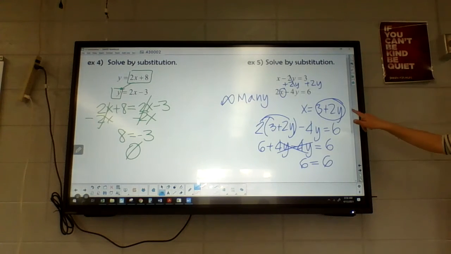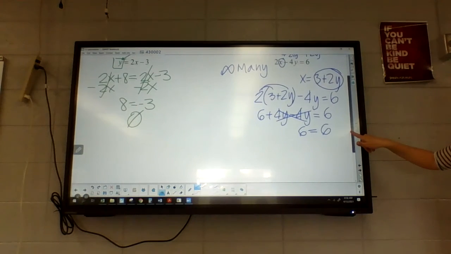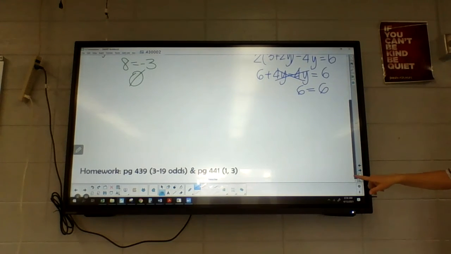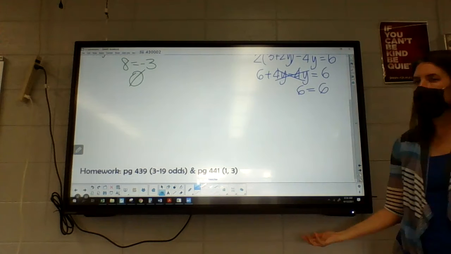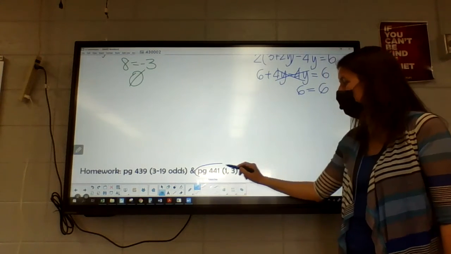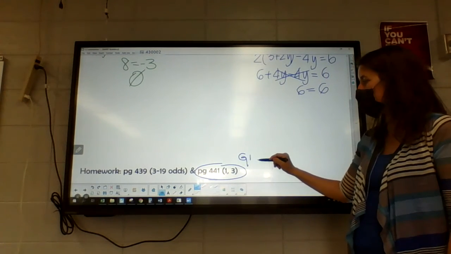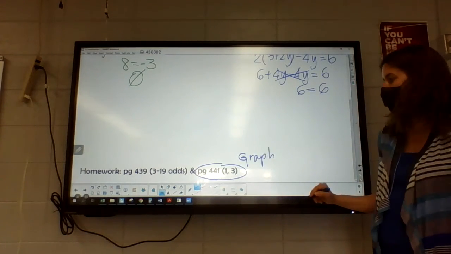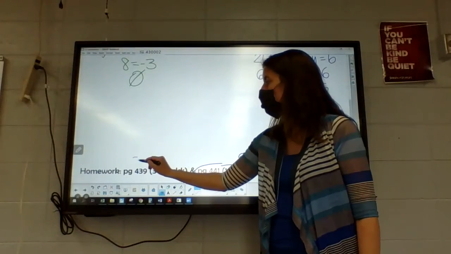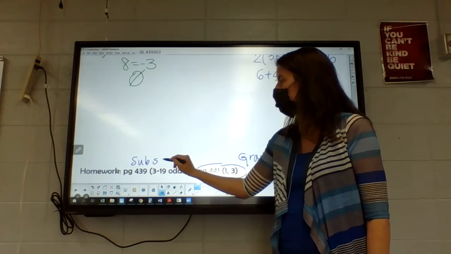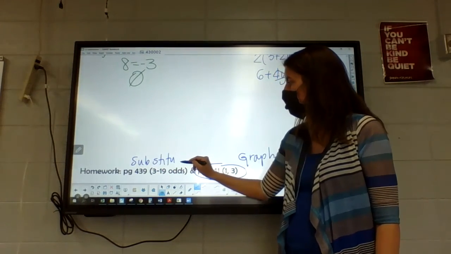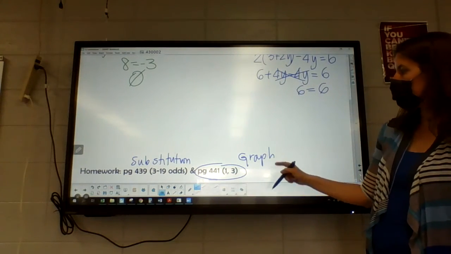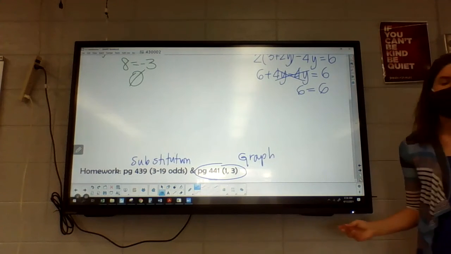So your homework, you guys, the first big chunk of it is solve by substitution. But these last two, I want you guys to do graphing. So you need at least 2 pieces of graph paper, or little squares of graph paper. If you need more, I have some more. But these are substitution. And then these are graphing.